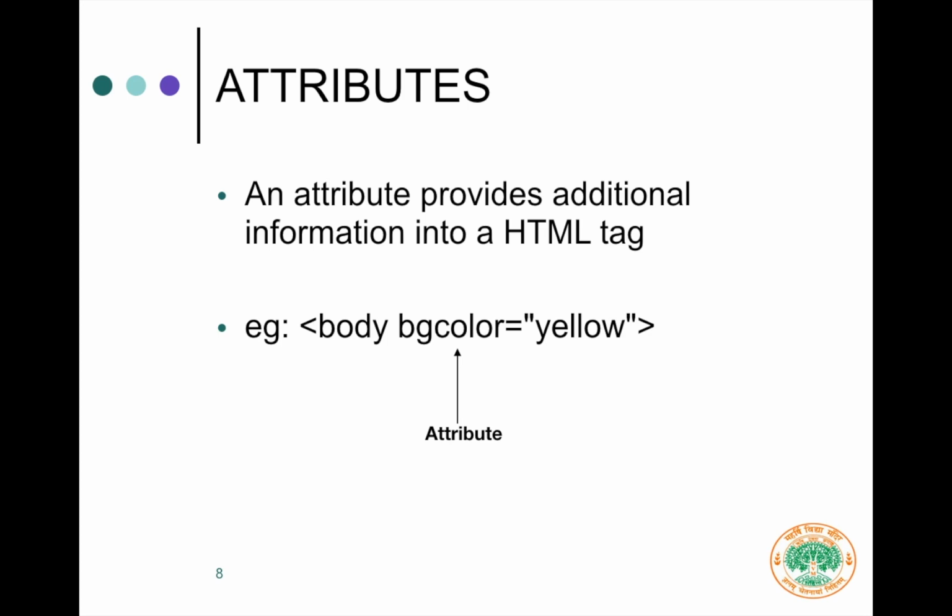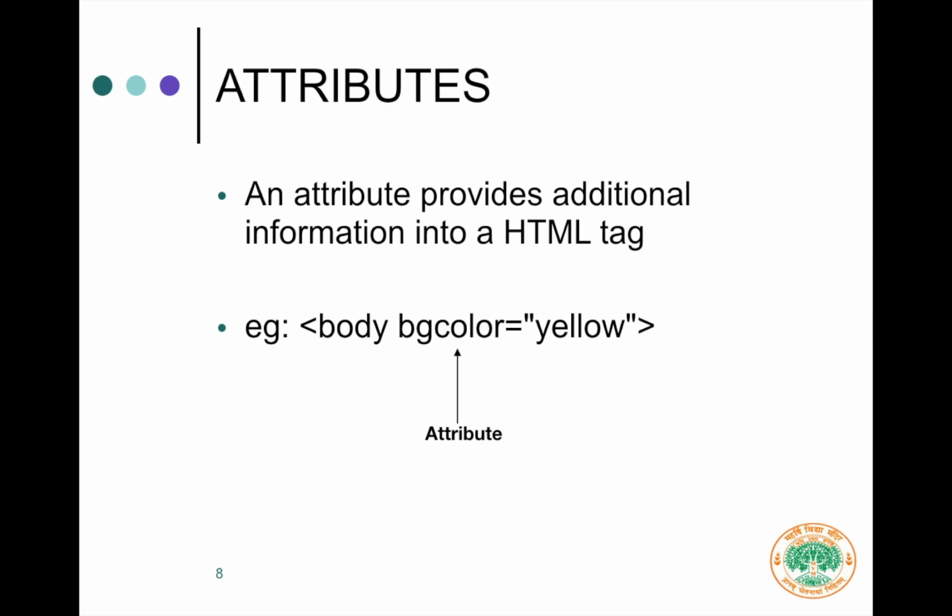For example, there is an attribute of the body tag known as bgcolor. Bgcolor is used to give the background color of a web page. I'll show it to you after some time. Bgcolor is the additional information given along with the body tag, so we call bgcolor an attribute and not a tag.